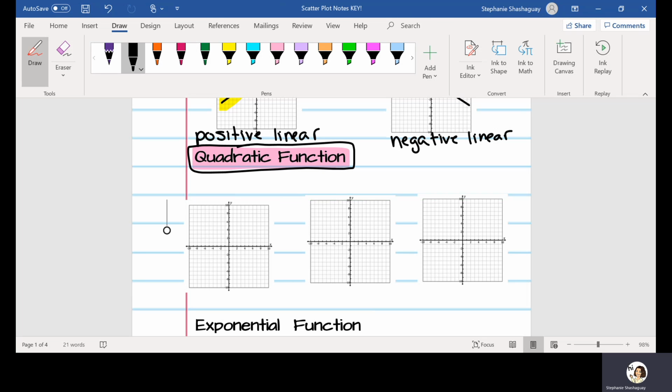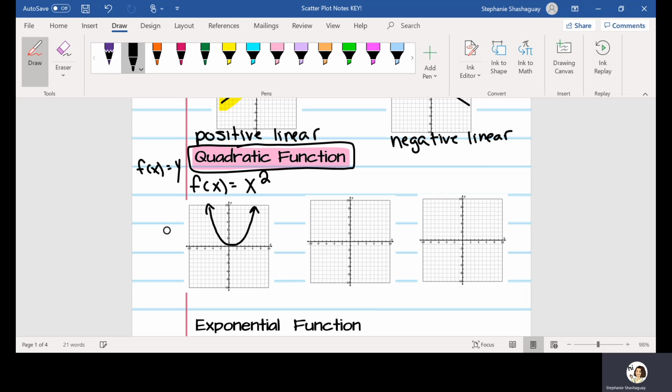All right, so our first example, and for my quadratic functions especially, I'm going to use my function notation. So f of x, and remember f of x is equal to y. They're the same thing. It's just a fancy way of writing y. So if I had f of x is equal to x squared, my graph is going to look something like this.